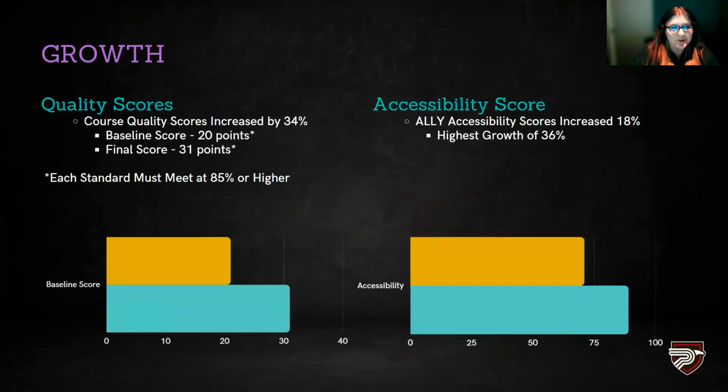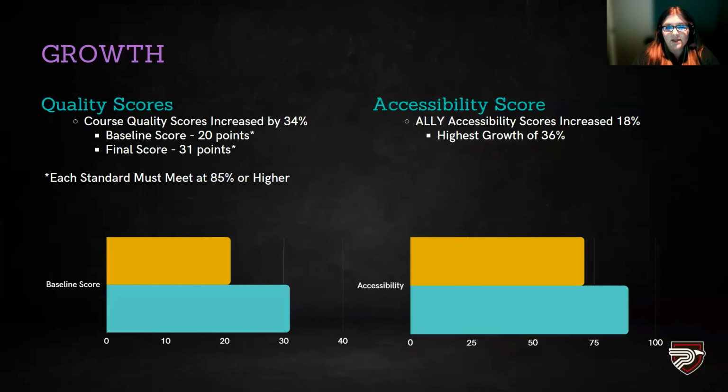We'll just talk about the growth so far. We mentioned earlier that we performed a baseline review for all of the courses. As far as quality scores overall, the average growth is 34% from baseline to final. It's important to note that we review each standard and they must meet at 85% or higher, which models Quality Matters.